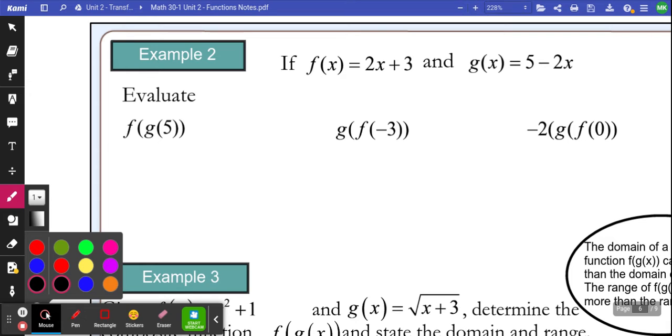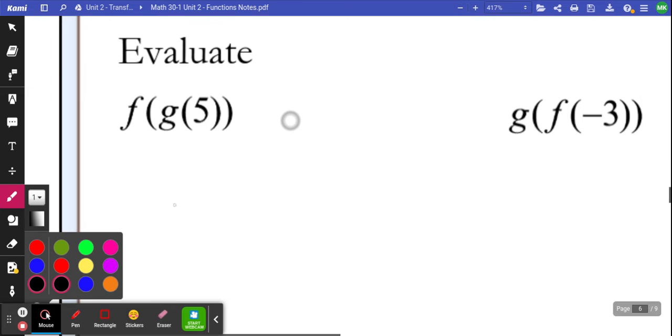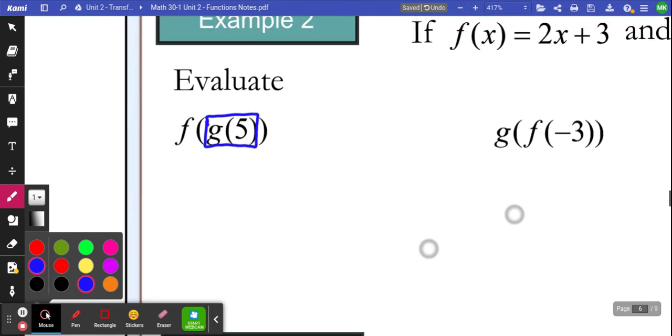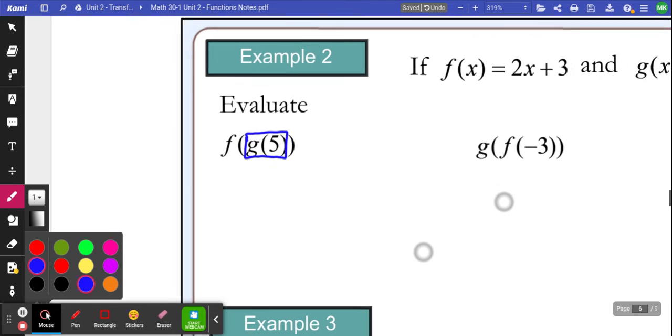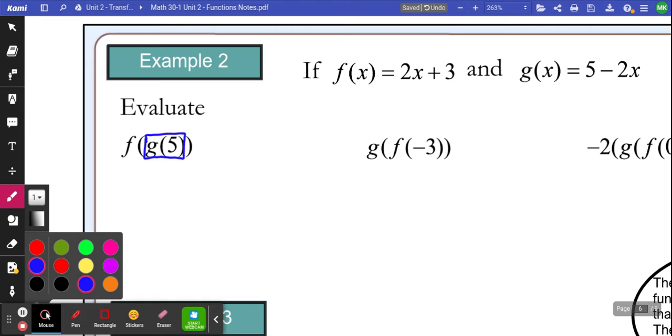So there are two ways to do it. One way to do it, figure out what this equals. If you took g of x and you changed x to be 5, what does g of 5 equal?